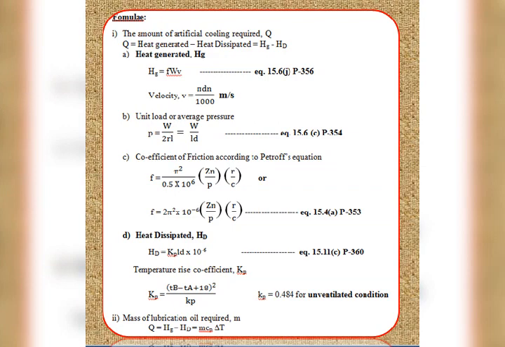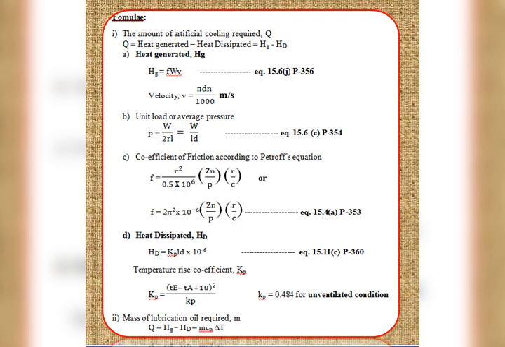P is equal to W by 2RL, that is equal to W divided by L into D. Next, coefficient of friction according to Petrov's equation, F is equal to pi square divided by 0.5 into 10 to the 6 into Zn by P into R by C. Or one more equation we have, that is F is equal to 2 pi square into 10 to the minus 6 Zn by P into R by C. That is equation number 15.4a, page number 353.